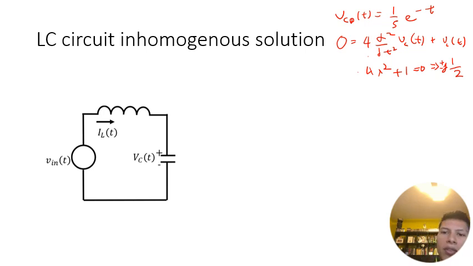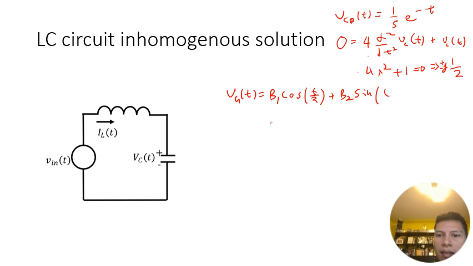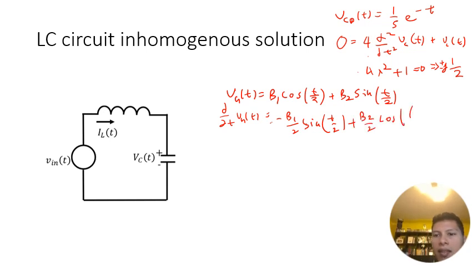Okay, so now we know that our homogeneous solution is of the form B1 cosine t over 2 plus B2 sine t over 2, and the derivative of the homogeneous solution is just going to be negative B1 over 2 sine t over 2 plus B2 over 2 cosine t over 2.